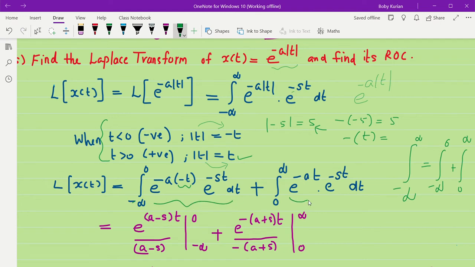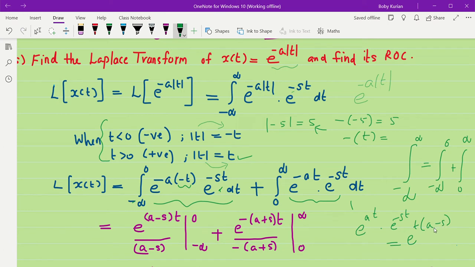So there are two sections. e power minus a into minus t, that is e power at, into e power minus st. We take t out, giving e power a minus s into t. So minus into minus becomes positive, e power at into e power minus st, equal to e power t into a minus s.